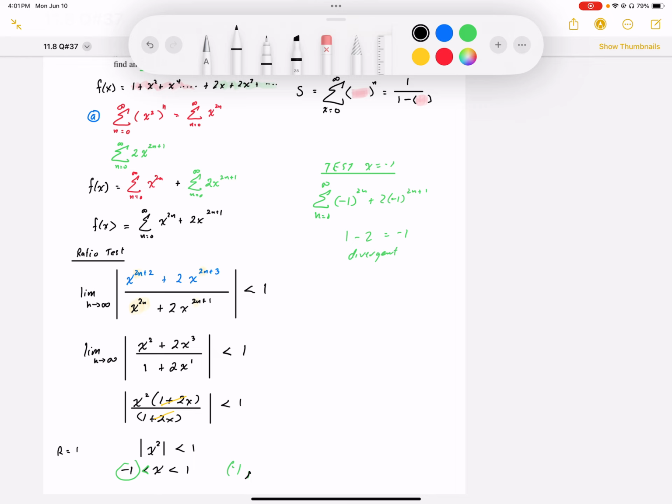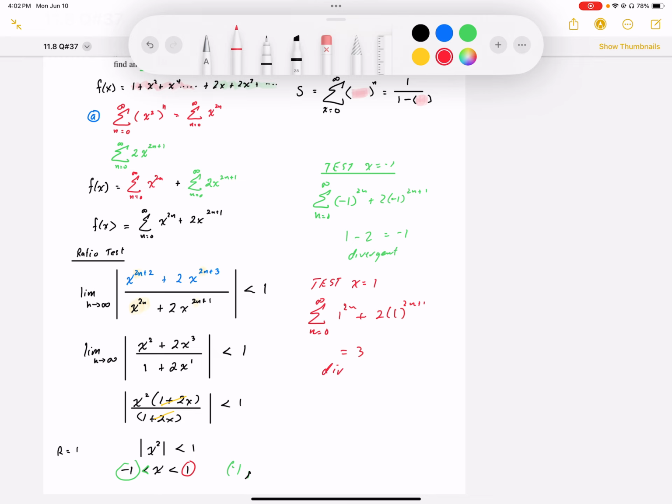I'm going to test my other endpoint of 1. So test x equals 1. I end up with 1 to the power 2n plus 2 times 1 to the power 2n plus 1. Basically, that's going to be equal to 3 as my nth term test.